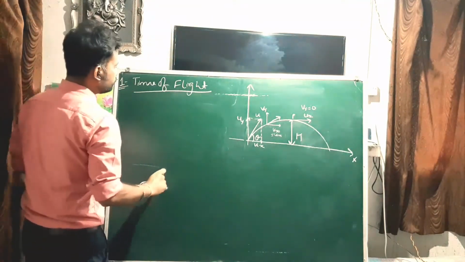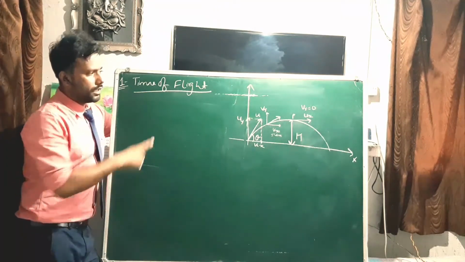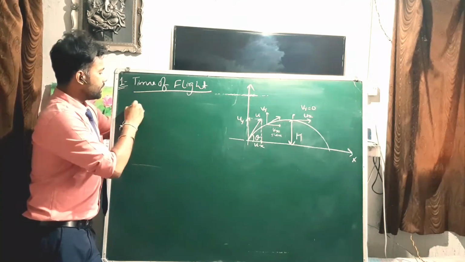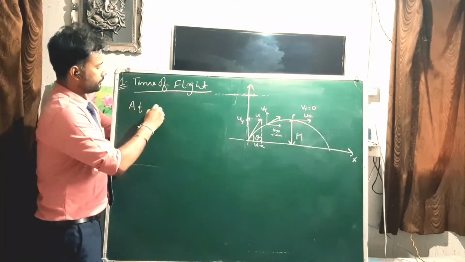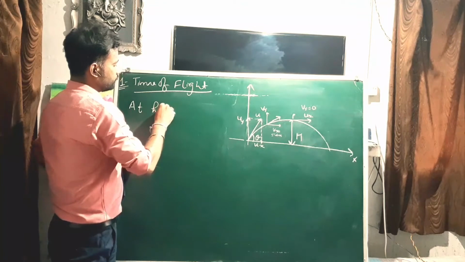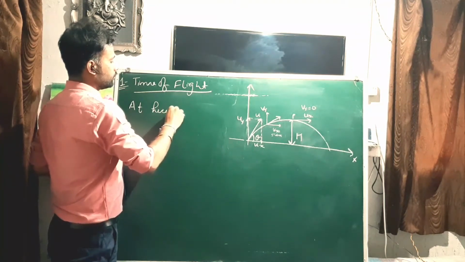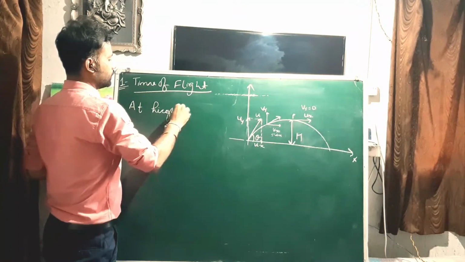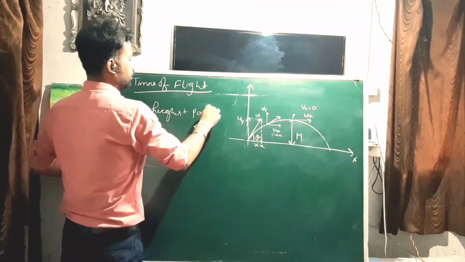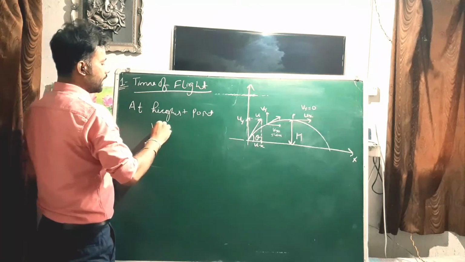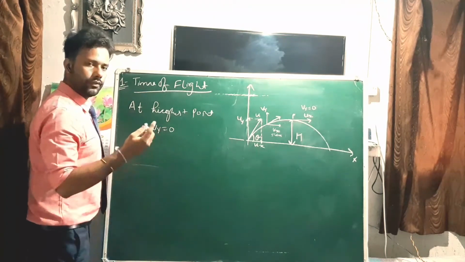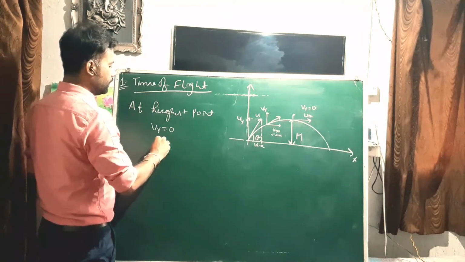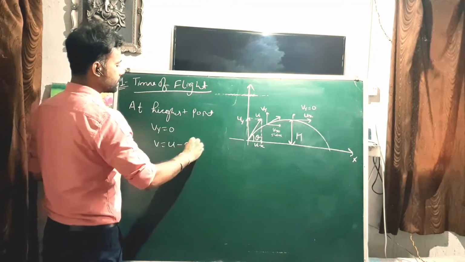So what will be the time taken by the projectile to reach the highest point? At the highest point Vy is 0, right? What is the equation? The equation is V equals U minus GT.